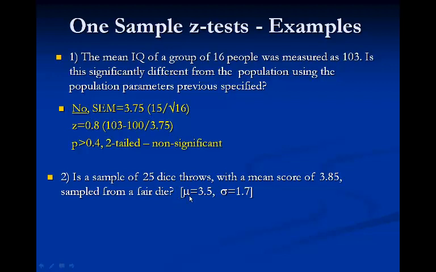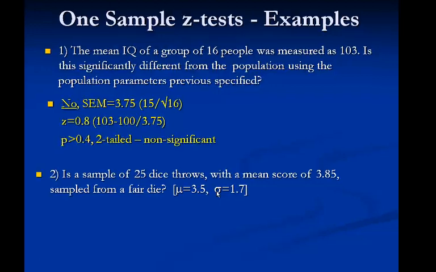Now we know the expected mean for a population, or for throws from a fair dice, is 3.5. We worked it out earlier, and it turns out, using a formula that mathematicians have worked out, that the standard deviation you'd expect for a dice is roughly 1.7 for throws in the population.